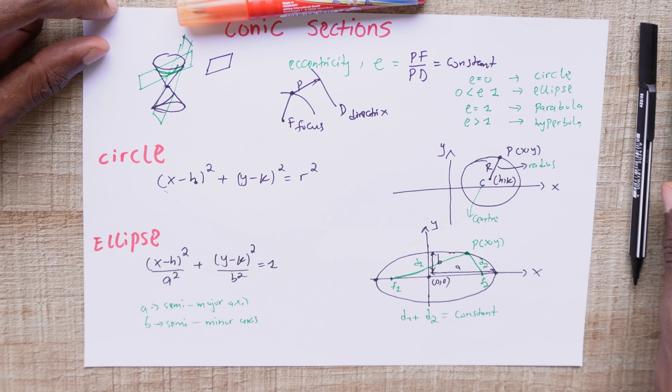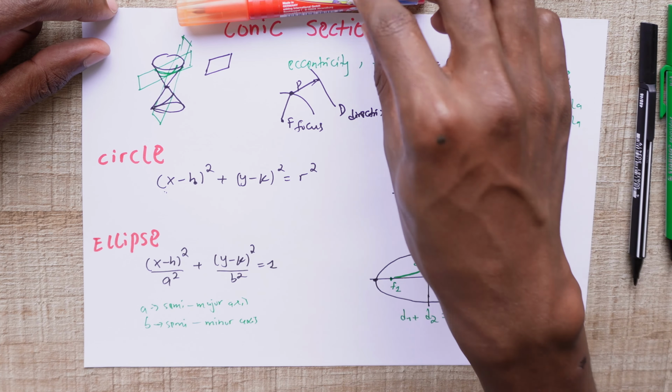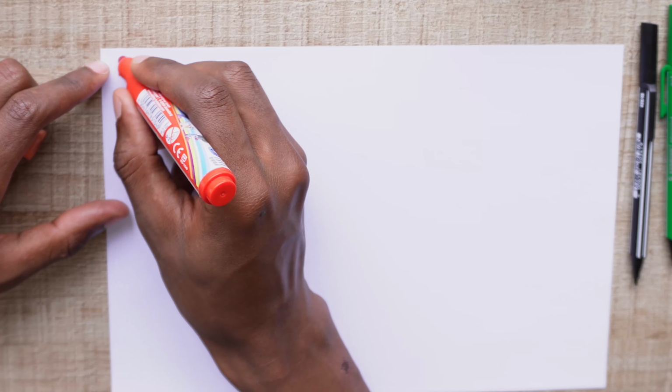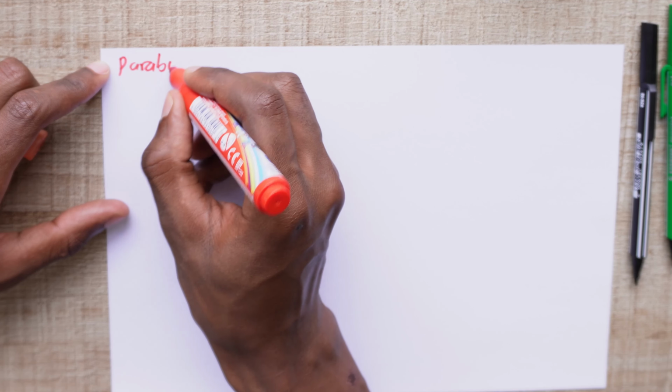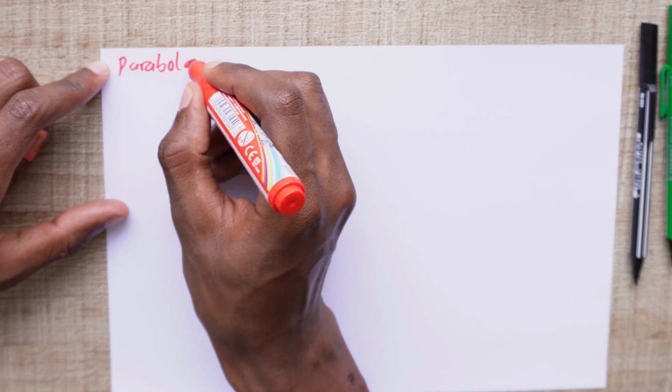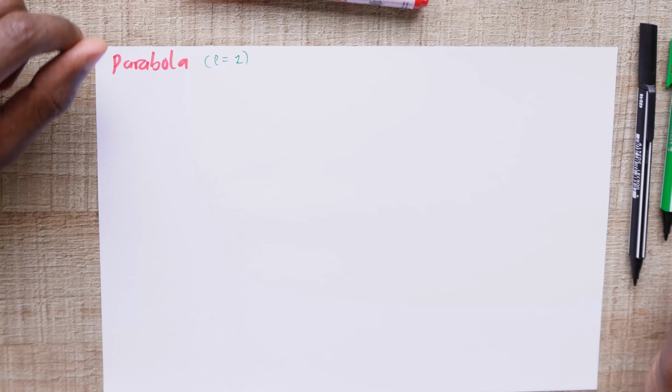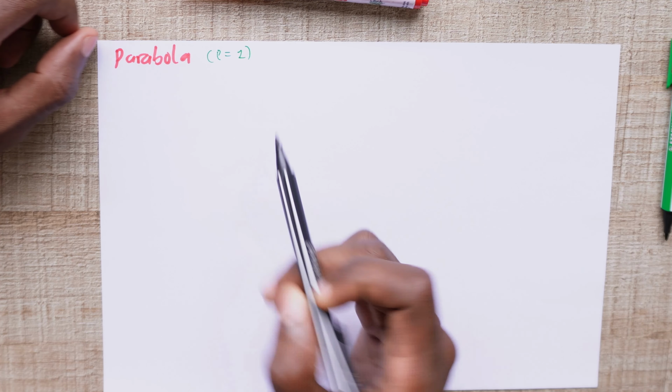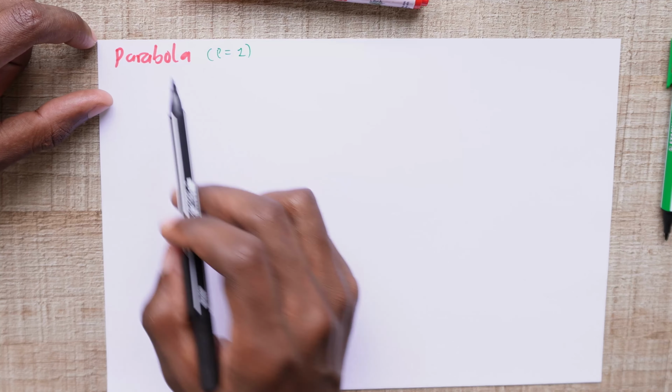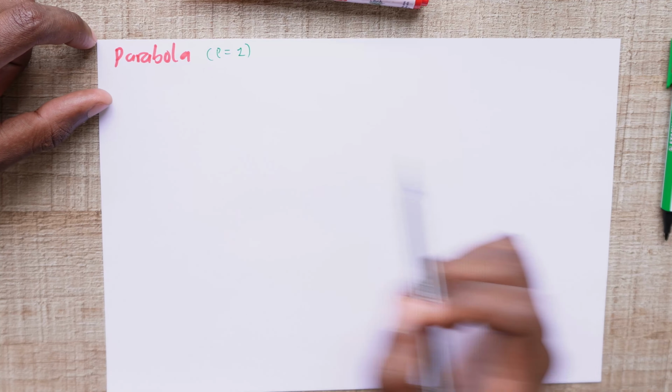Okay, let's move to the third conic section. Let's change paper, which is the parabola, which has eccentricity equal to 1. So the eccentricity here already defines the nature of such a curve.